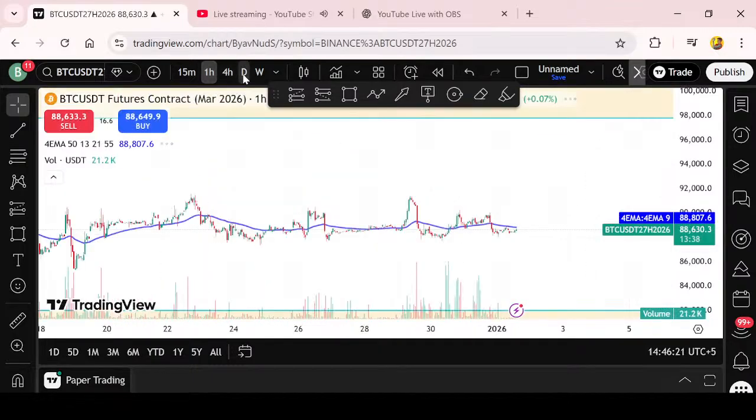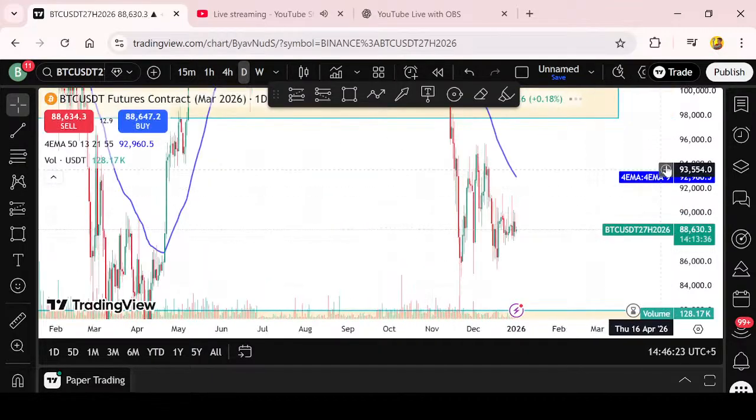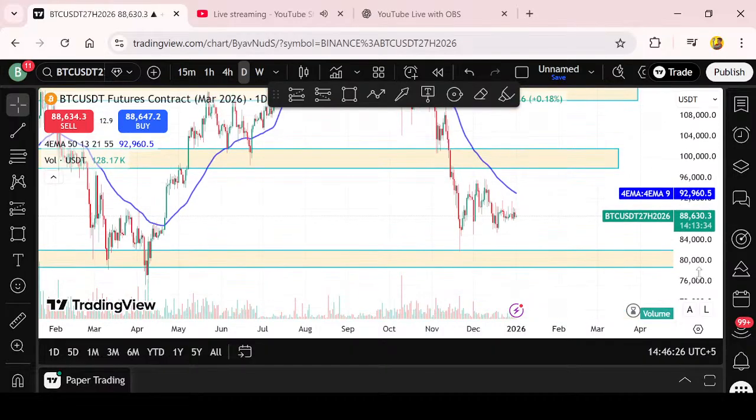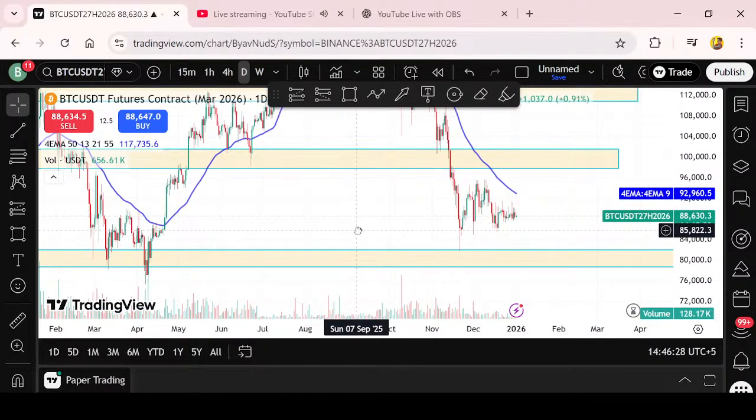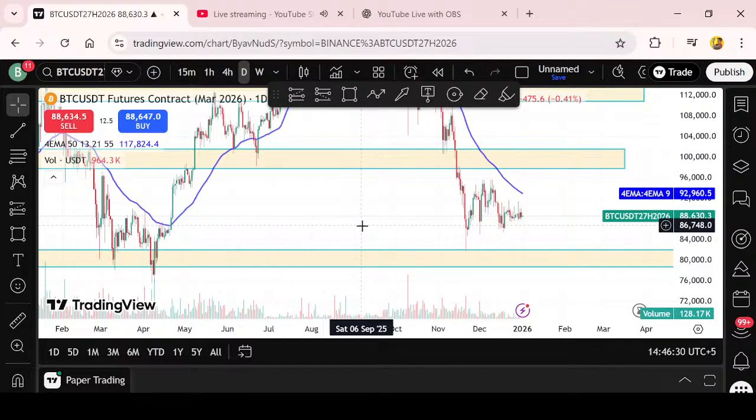Okay, so on the daily time frame, here we will mark another level because here you can see it is a small spot.